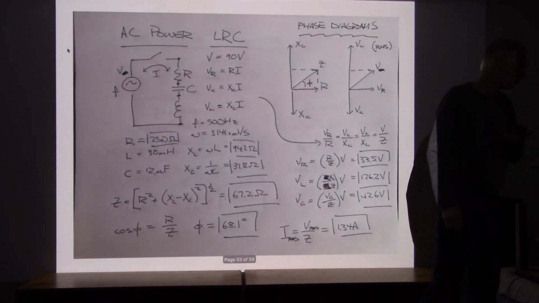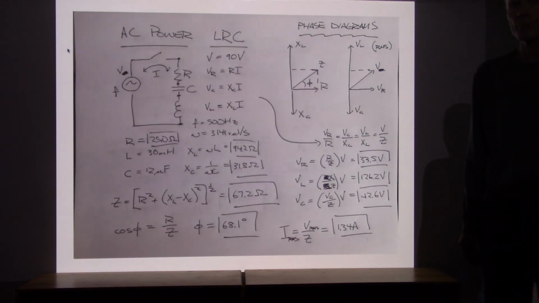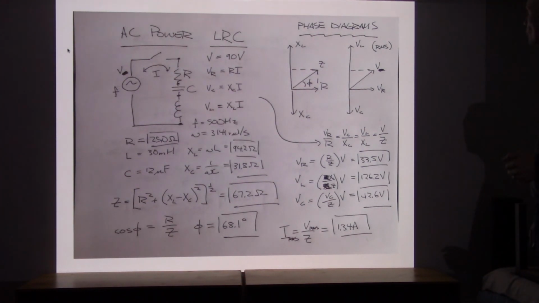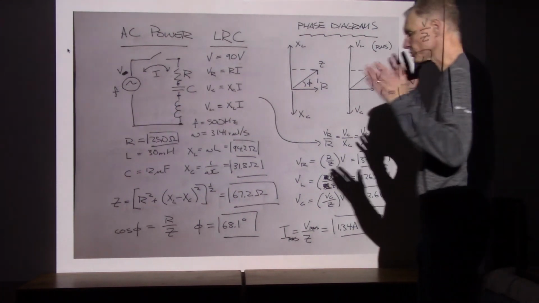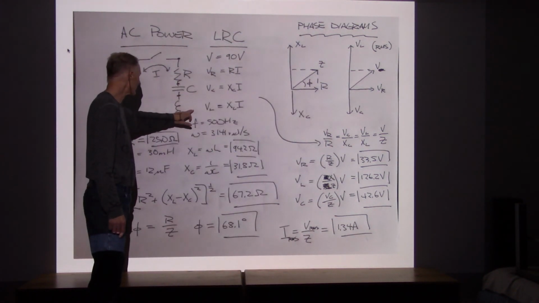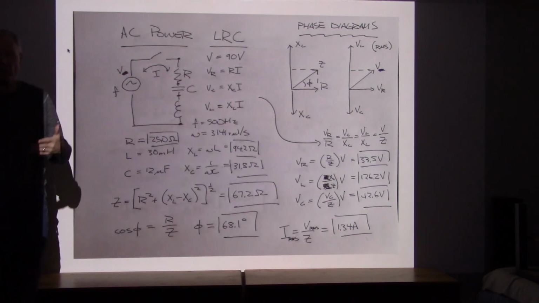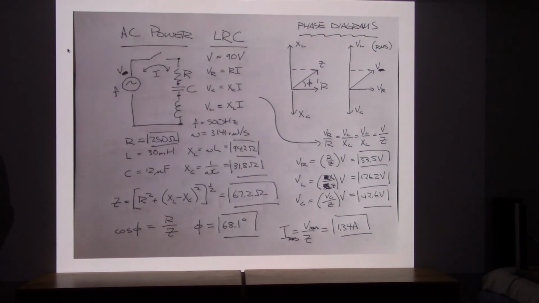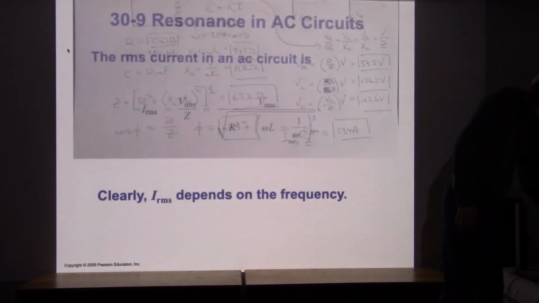How could I adjust the frequency of this circuit so that the current goes up? I want to get as much current as possible. I'm stuck with the resistor and the capacitor and the inductor that I have, but my power supply allows me to change the frequency. Is there a way, adjusting frequency alone, that I could maximize the current and determine what that value would be? There must be a way to do that, otherwise we wouldn't have introduced it.